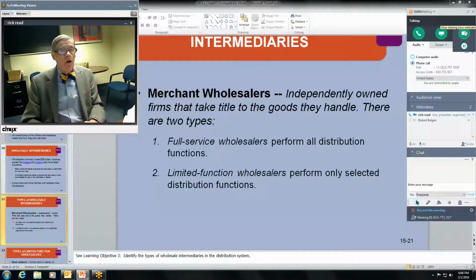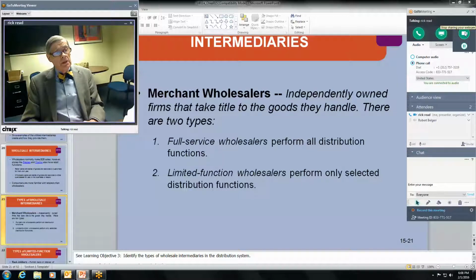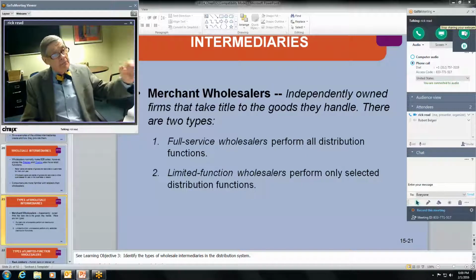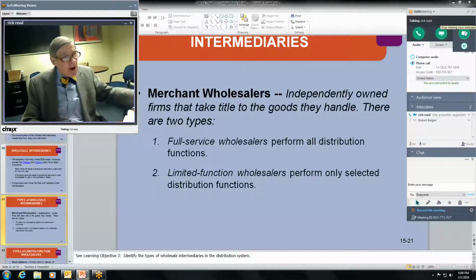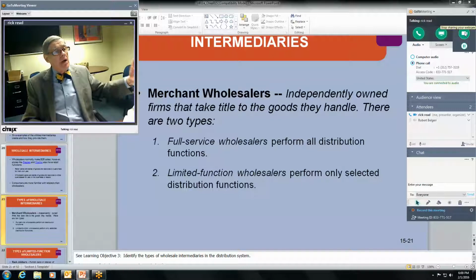Merchant wholesalers are firms that are independently owned. When goods come in from the manufacturer, they take title to them, they buy them. So while it is still manufacturer X's product, it is now going to be sold by this merchant wholesaler.